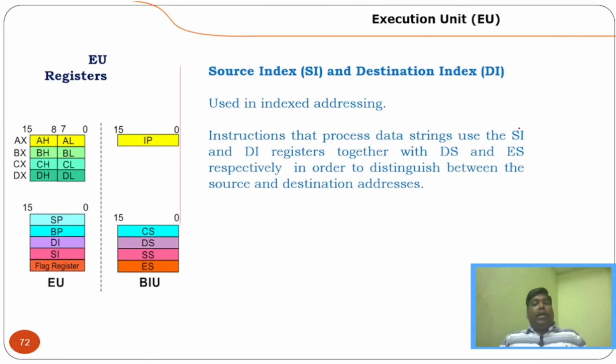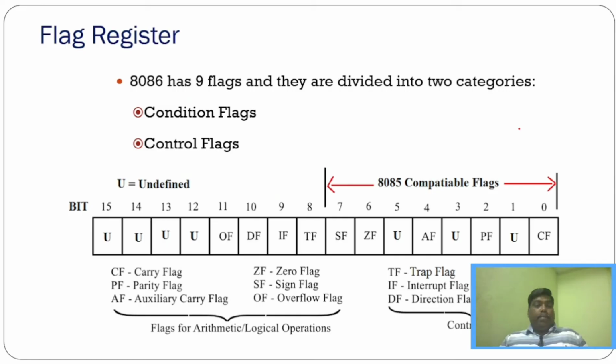And similarly, the source index and destination index can be used in index addressing as well, right? And we have already seen general purpose registers, the stack pointer registers, and we have seen what the pointer and index registers are. Now we will see about the flag register.